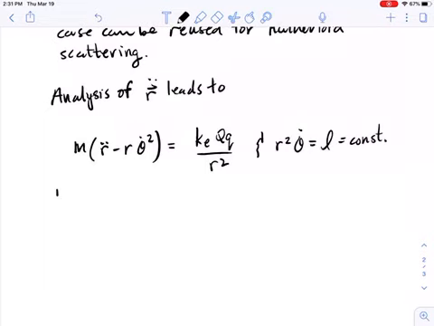From here, instead of redoing all of this, we would define u as 1 over r. We would make that substitution. We would write r as 1 over u. We would take two derivatives, and we would have to use chain rule. We would recognize that if r depends on theta, so does u. And so we would use chain rule when we take time derivatives of u as a function of theta.